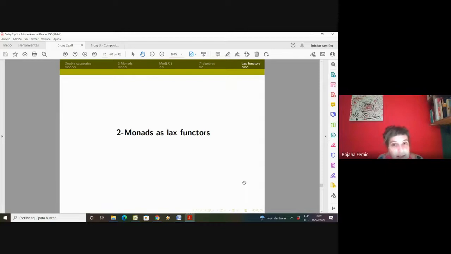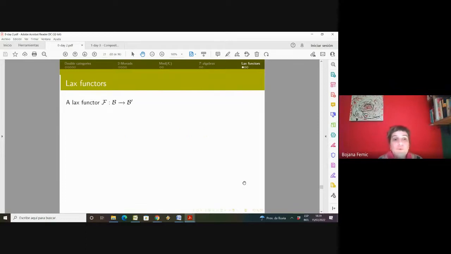We defined pseudofunctors among bicategories yesterday. And now I will show you what a lax functor is, which differs slightly. So this slide will be almost a repetition of the definition of a pseudofunctor, and I will stress the differences which make it lax and not pseudo.